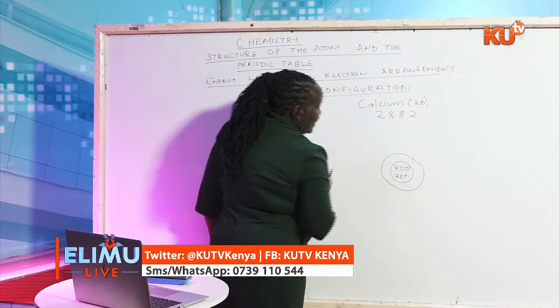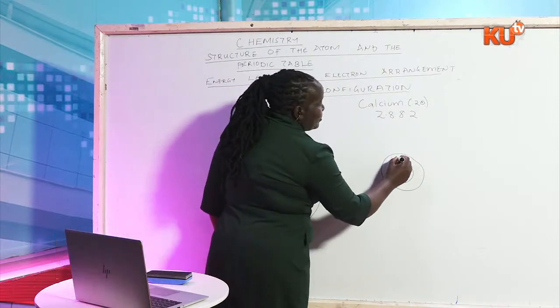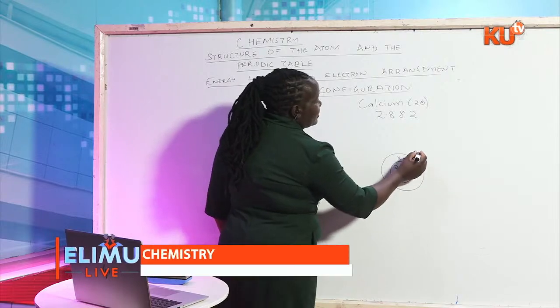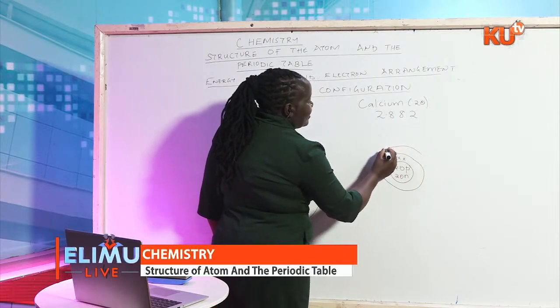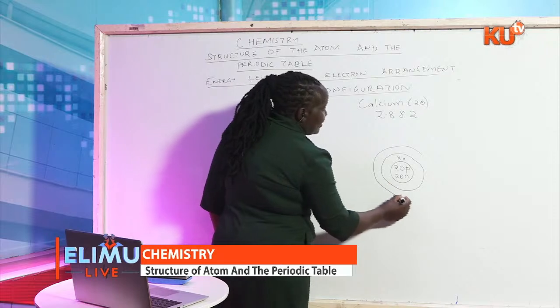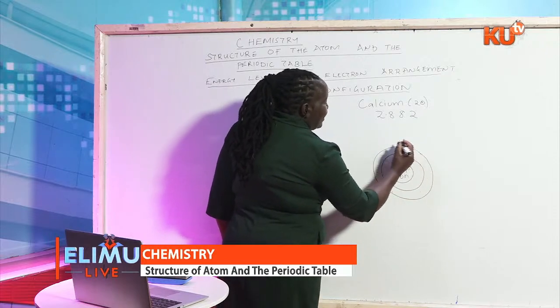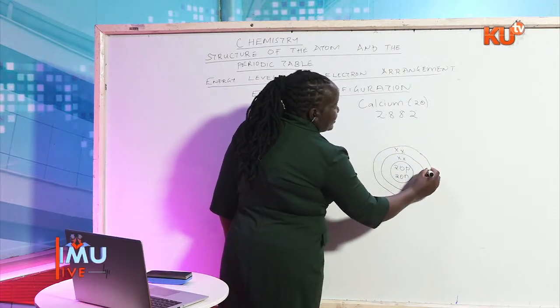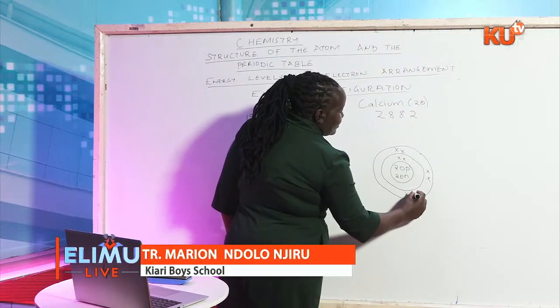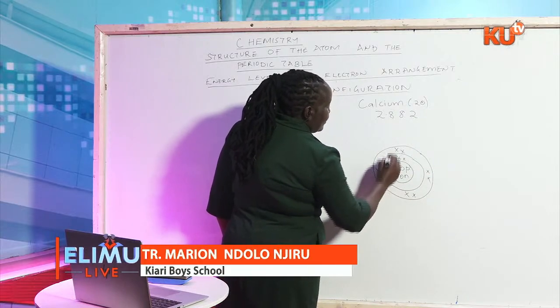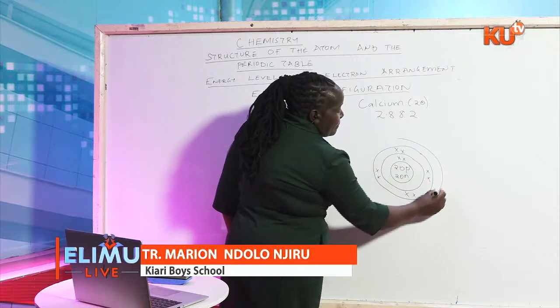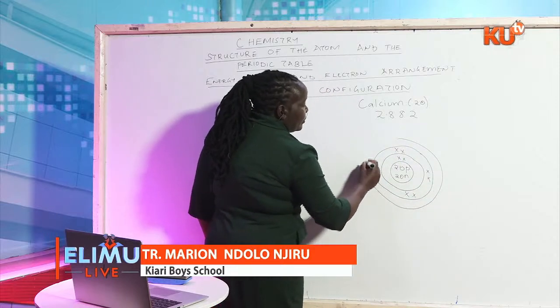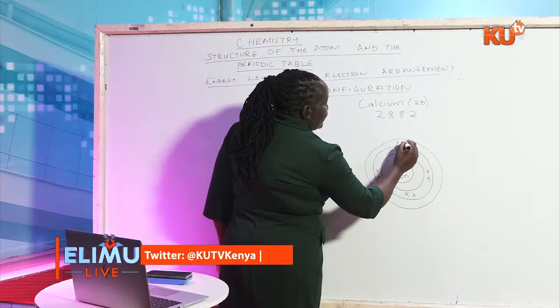So we have the first with 2 electrons. The second one, 8. And the third one with the maximum also, 8.